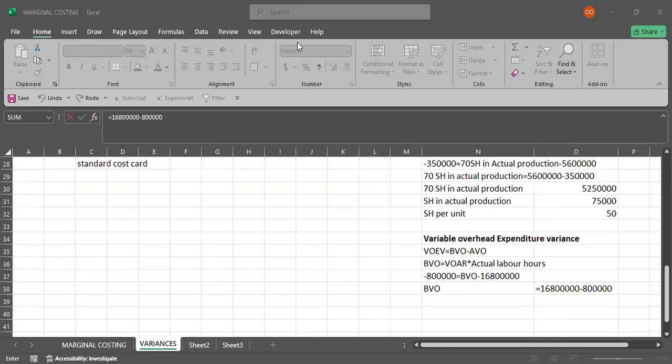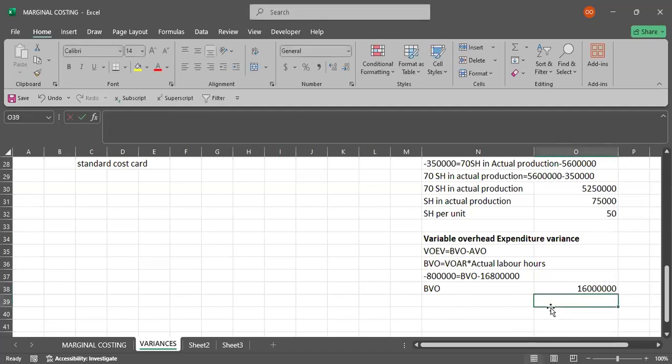Budgeted variable overhead is equal to 16 million, right?